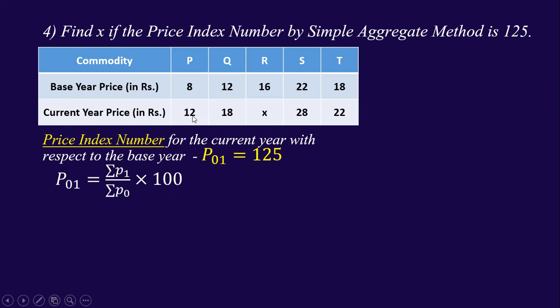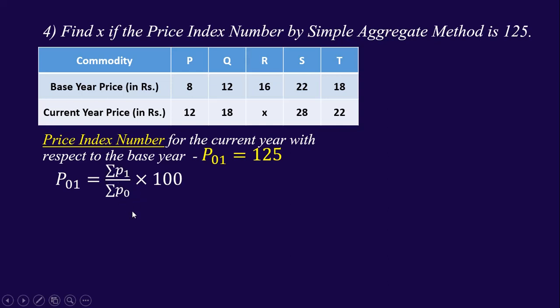We add all these: 12 plus 18 plus x plus 28 plus 22, and we write in this place. Summation P0 is the sum of prices of base years. Base year prices are these. We add them: 8 plus 12 plus 16 plus 22 plus 18, and we write here.